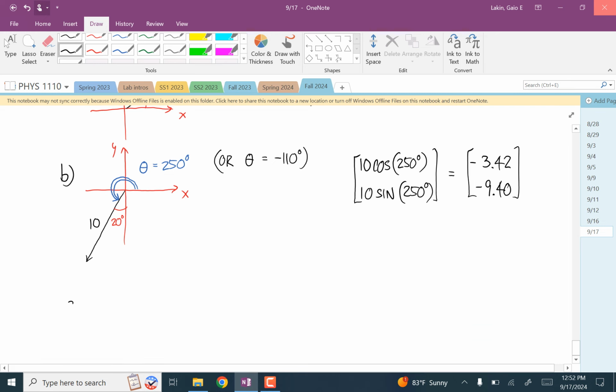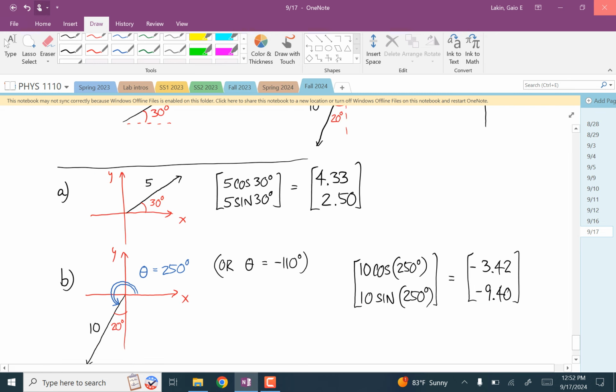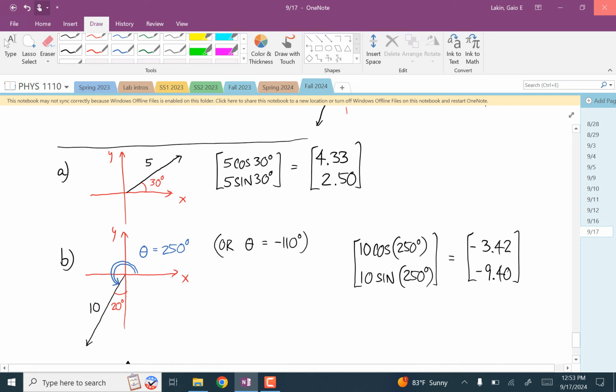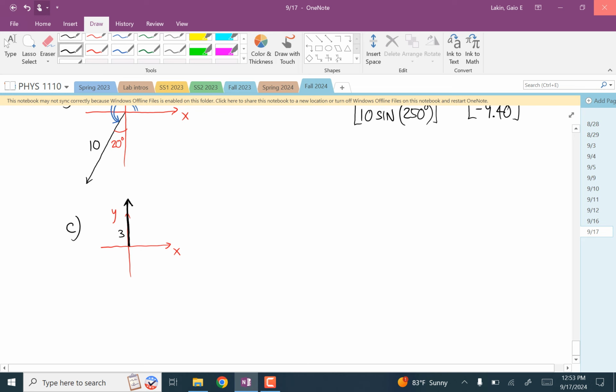And then the last one, so our coordinate system is this. Our vector is this. And it has a magnitude of 3. Okay, so there's two ways you can think about this one. And the quicker, easier way is just to think, okay, that's in the positive y direction. So these components are going to be 0, 3.